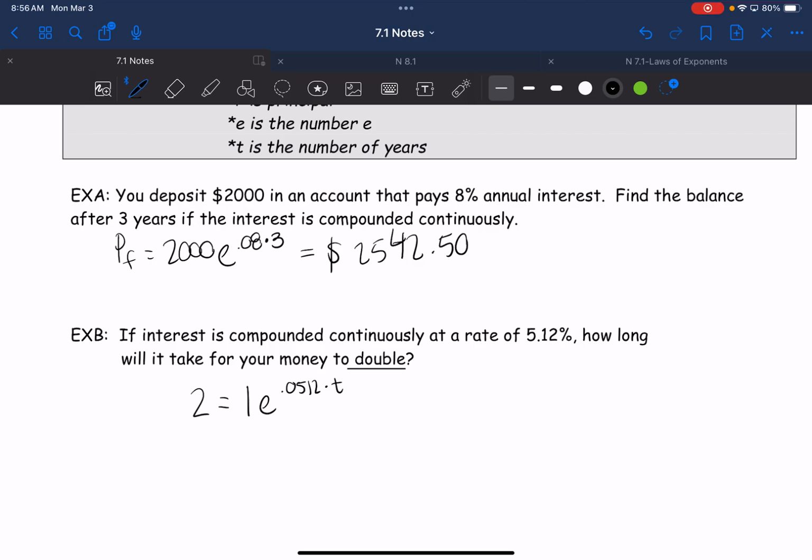You can divide by 1, but it means the same thing, right? So basically I just need to put this in my Y1, this over here in my Y2, and figure out where do these cross or where do they intersect, whether that's on the graph or in our table.